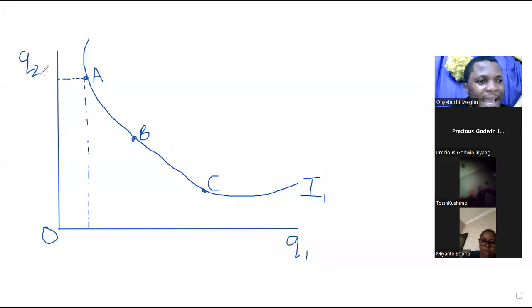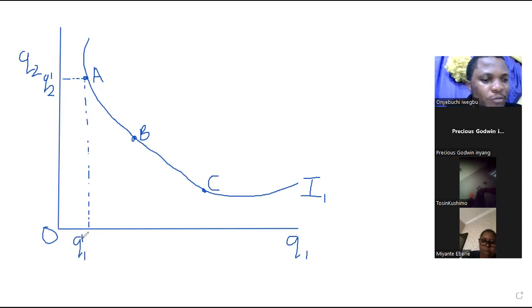So at point A, let me say I'm consuming Q2 prime level of commodity, and I'm consuming Q1 prime level of commodity.